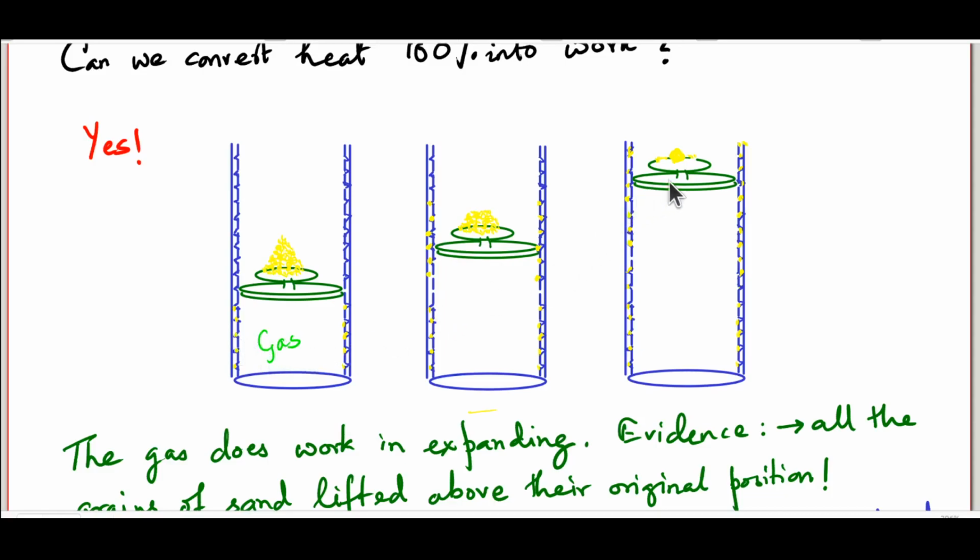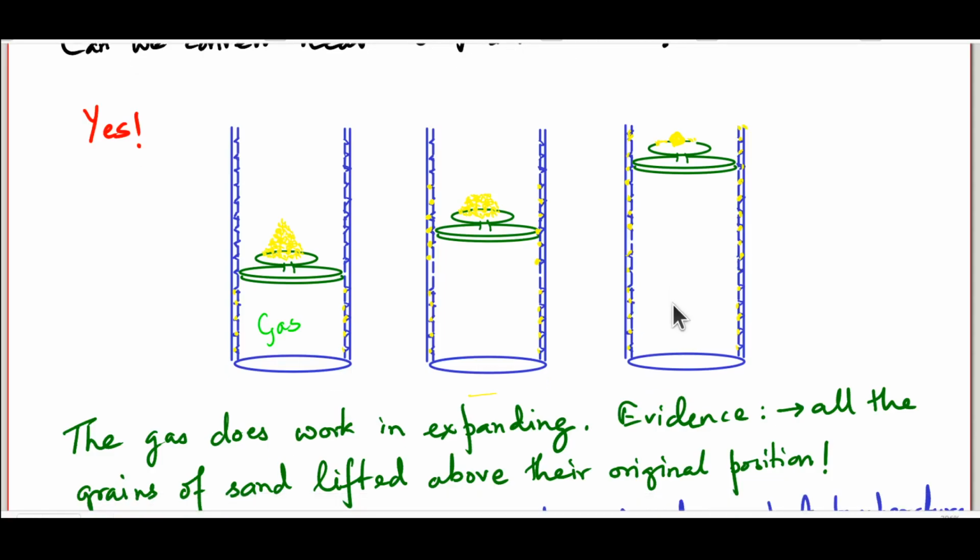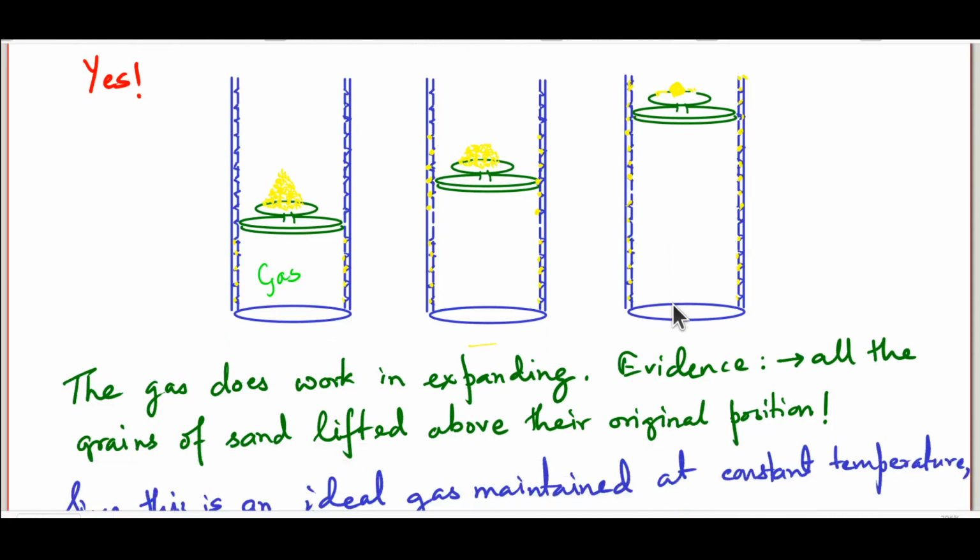So by the time the expansion has completed, what has happened is that heat has flown into the gas that did not increase its internal energy, and as a result, work has been done. The gas does work in expanding, and of course we know that because all the grains of sand that were in the tray have now been raised above the initial position.